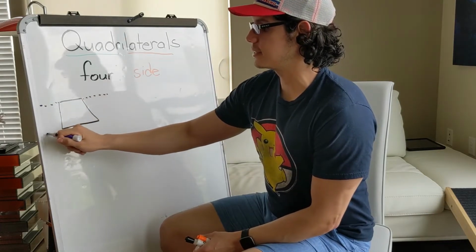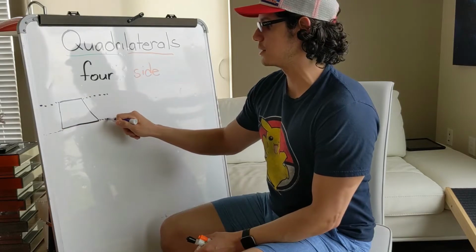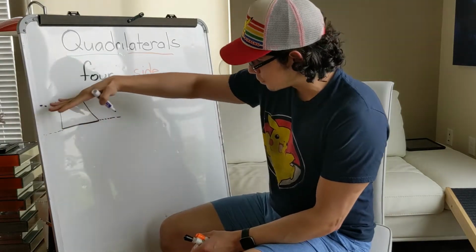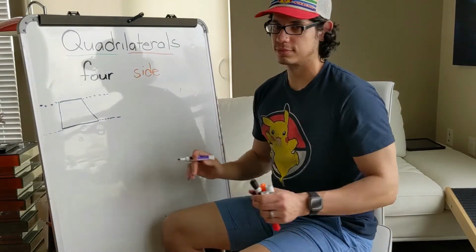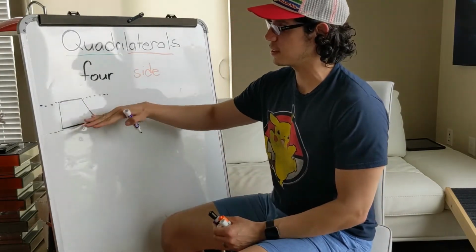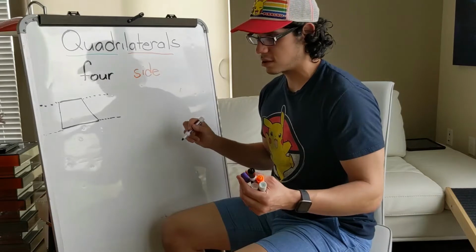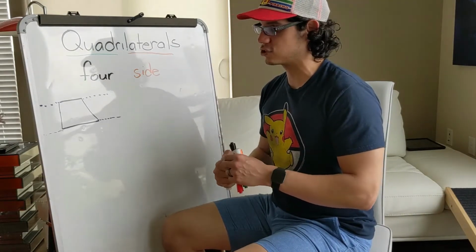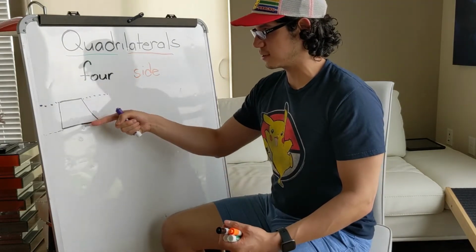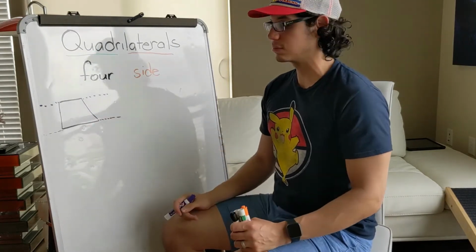And if I extend these lines, I'm going to see that to infinity and beyond, they're never going to touch. Never, ever, ever. So these 2 parallel lines will never, ever touch. That's really all that's going on for a trapezoid. A trapezoid has just 2 sides that are parallel, and that's really it.